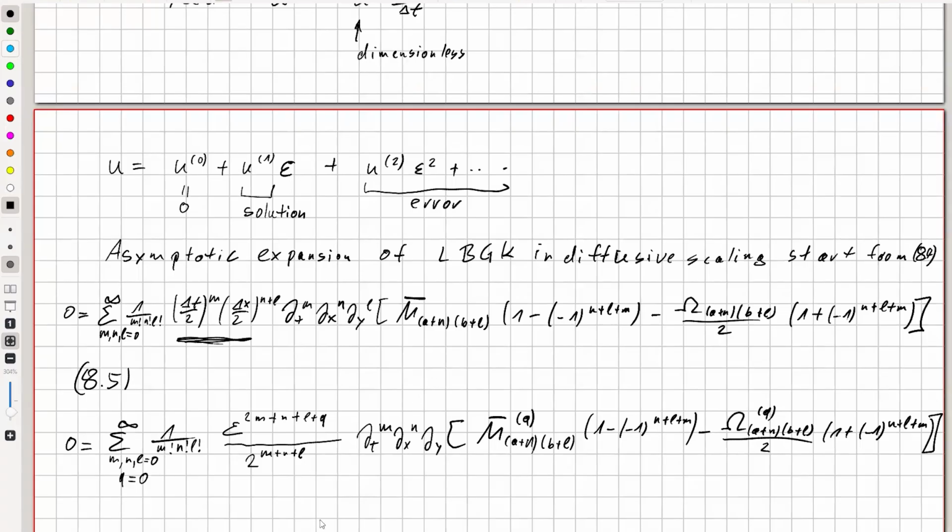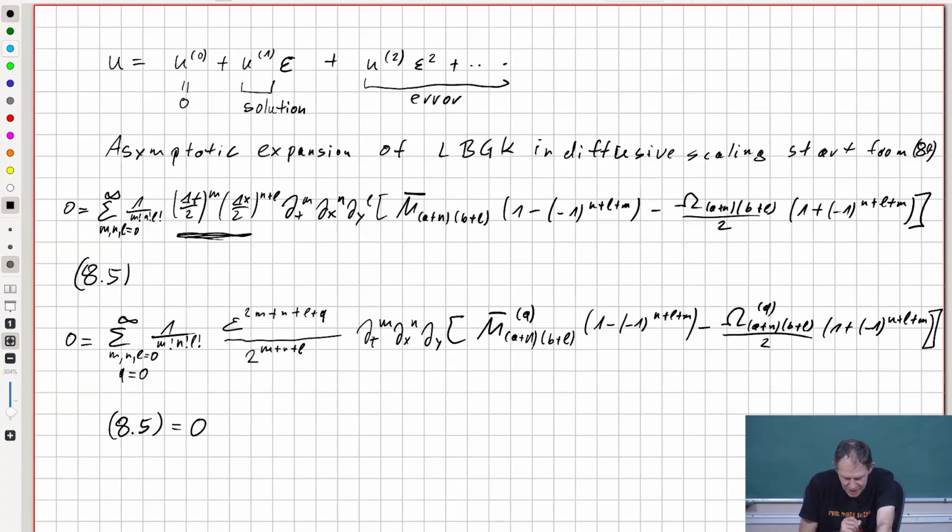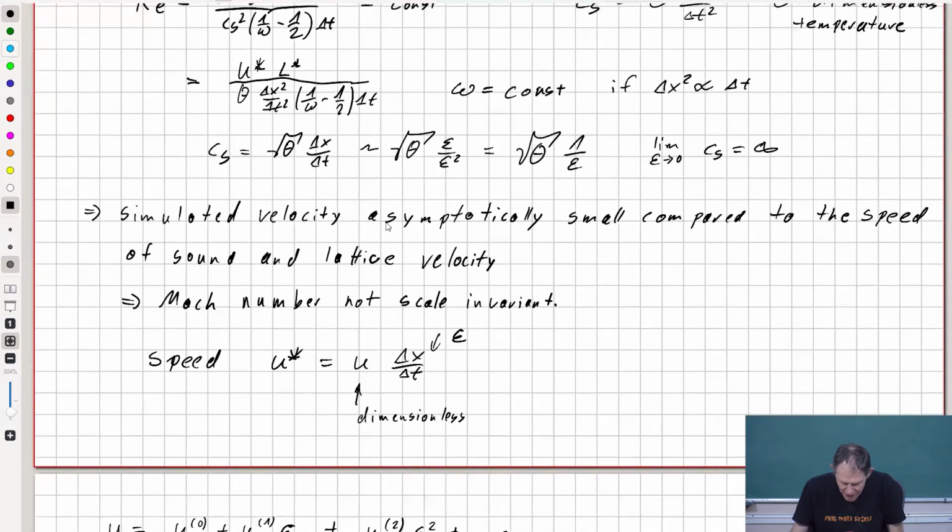So now, so far we make everything more and more complicated. Now we want to start to make things simpler, to actually use this for making life simpler. So far, this looks like everything is going complicated. So what we know is that this equation 8.5 is equal to 0. What is Q there? Q is the expansion coefficient of the moment. If I may just go back.